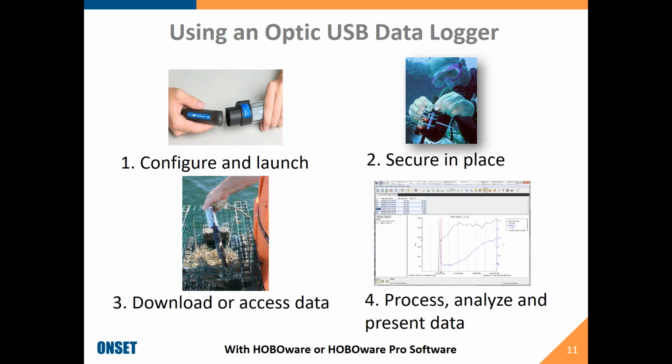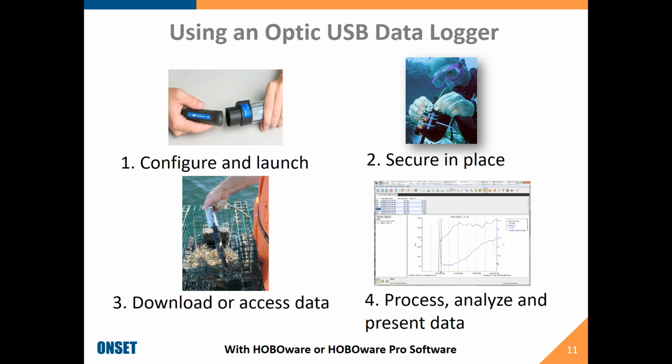So when using a USB Optic data logger, there's a few steps you need to take to operate it. The first is to configure and launch the logger. As I mentioned, you connect the logger to a base station or a waterproof shuttle, and then that's connected to a computer that's running our HOBOware or HOBOware Pro software.